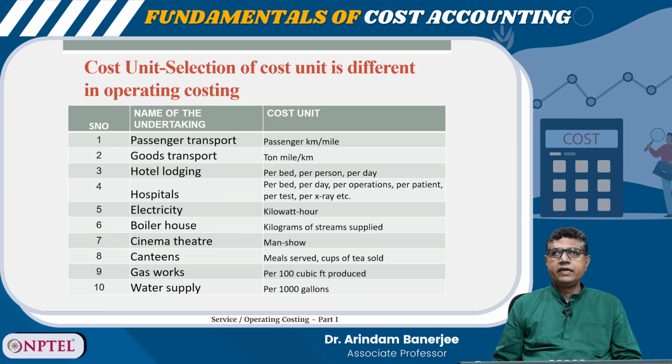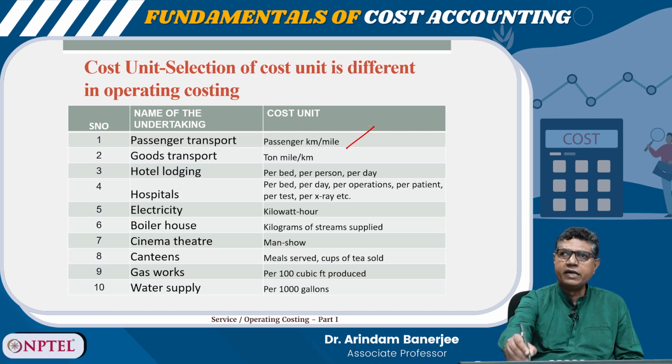In case of cost unit selection, it depends upon the business, upon the industry. Say for example, a company engaged in passenger transport, there the cost unit can be passenger kilometer or per mile.